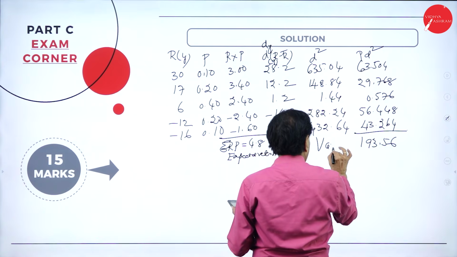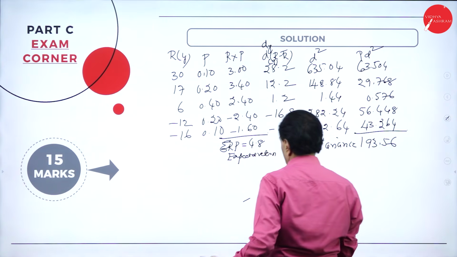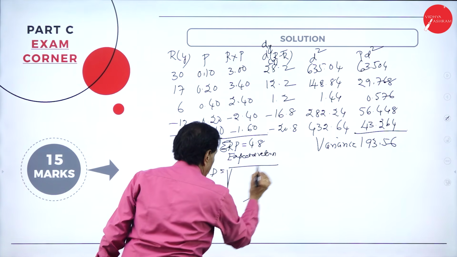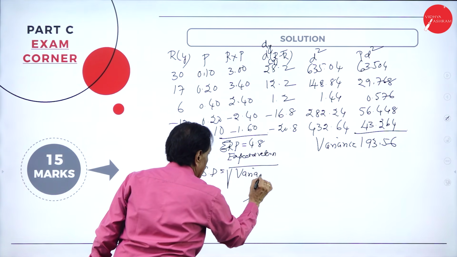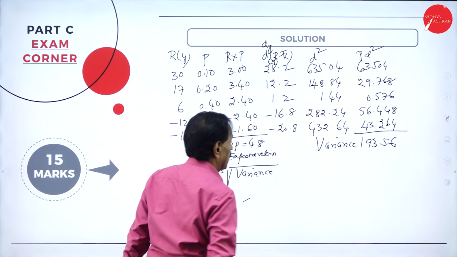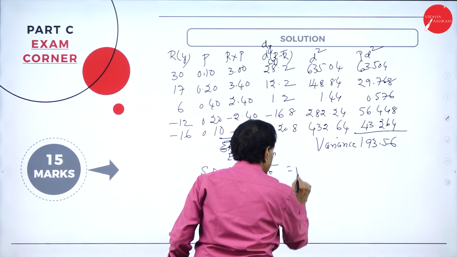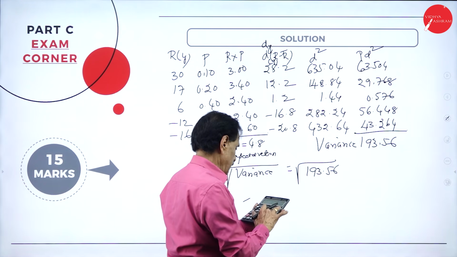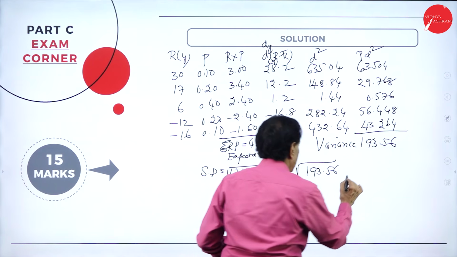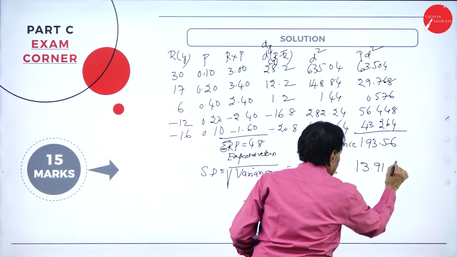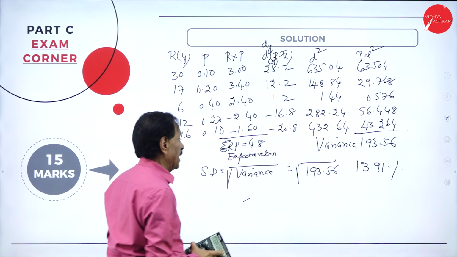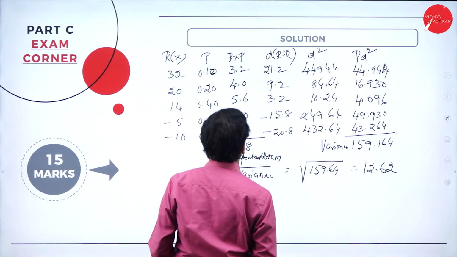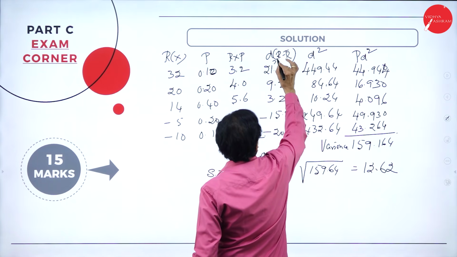This is your variance. Standard deviation is equal to the root of variance, the root of 193.56, which is 13.91. This goes to y. This first one you call dx.